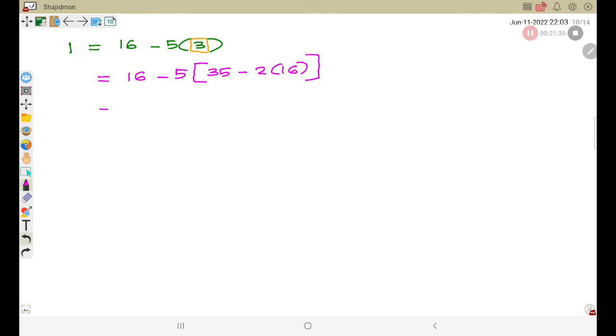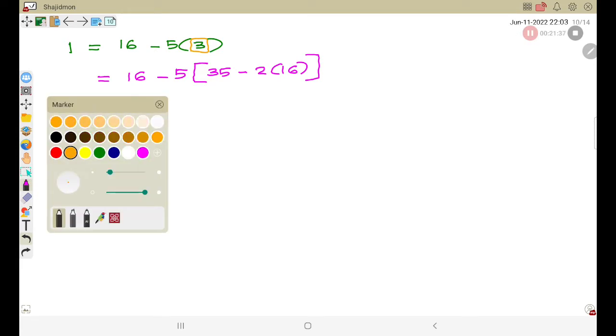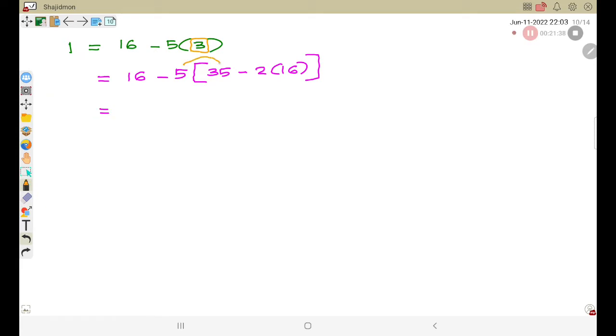Now expand the bracket. We need to distribute here. Now only 16 means 1 multiply 16, so that 16 should be in bracket. Then minus 5 multiply 35, and 35 should be in bracket because it is a bracketed number.